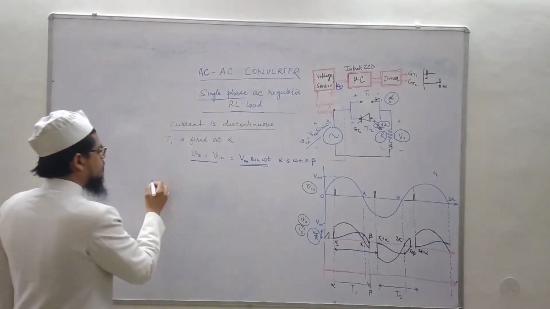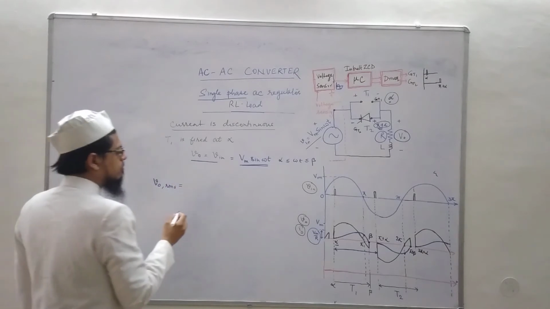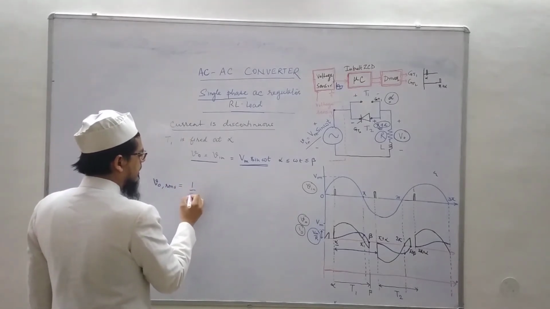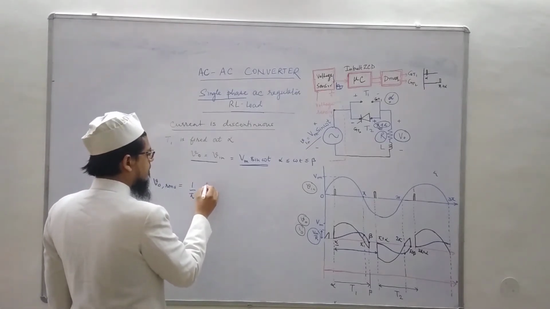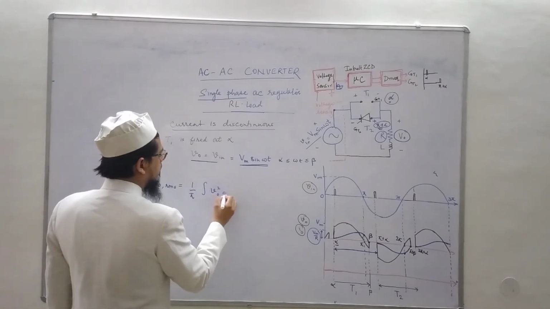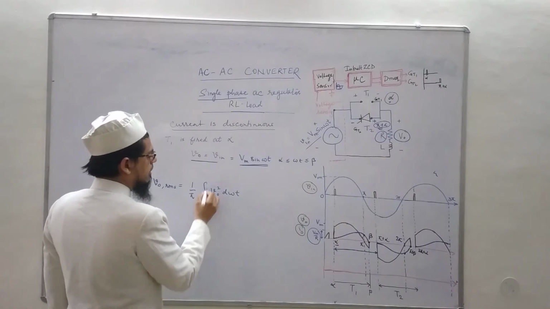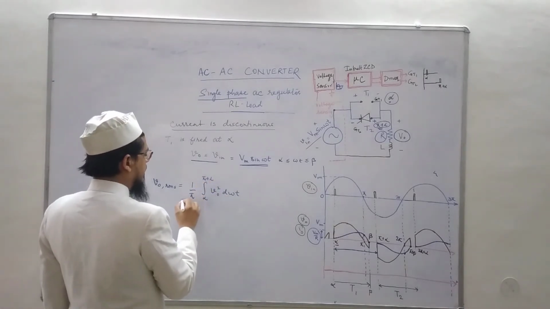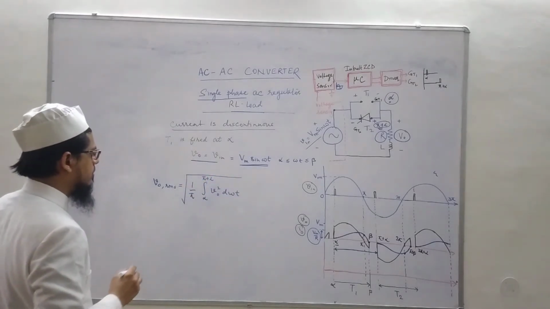So VO RMS is equal to, I am taking the interval as pi, so 1 by pi times the integral of VO square d omega t from alpha to pi plus alpha, all under square root.